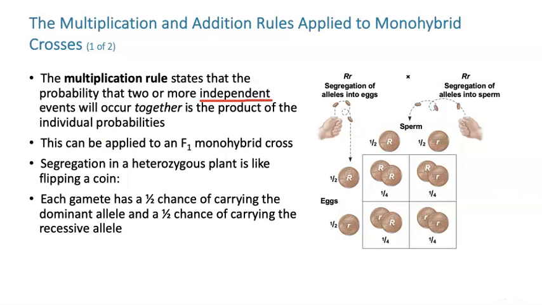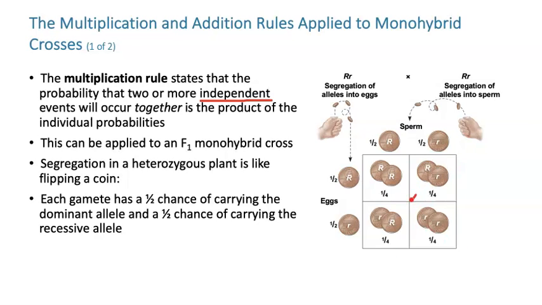So you can see this in our monohybrid cross. Half of the sperm are big R and half of the sperm are little r. Same thing for eggs. Half of the eggs are big R and half of the eggs are little r. So if we just multiply 1/2 times 1/2, we get 1/4, right? And it doesn't matter which box you do this for. It's 1/2 times 1/2 is 1/4.